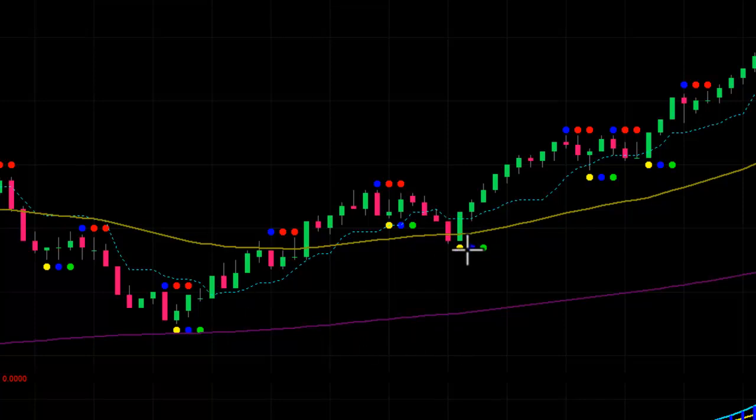This is lower than one dot to the left, but higher than the second group over. It's in between, right? It's lower than the first group, but it's higher than two groups over. This is a second level failed swing. Or simply put, we just call it the purple trade.